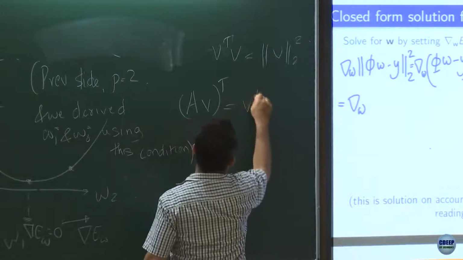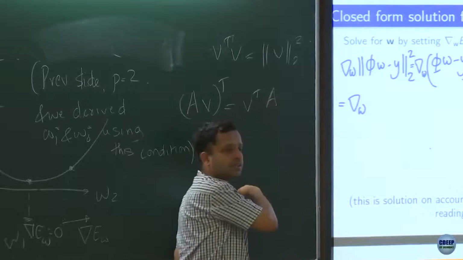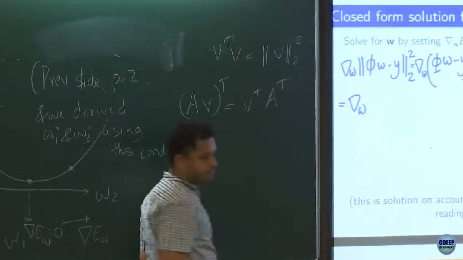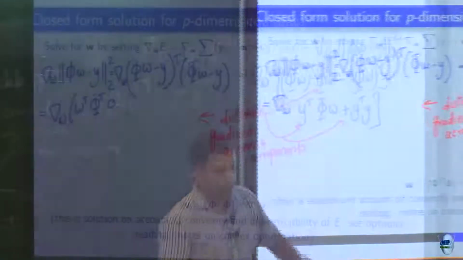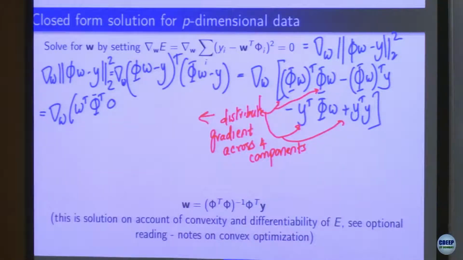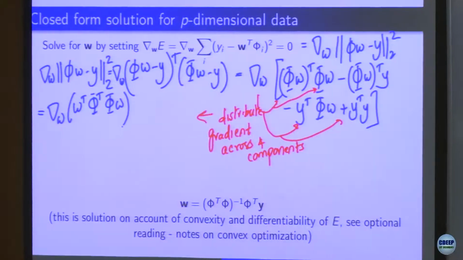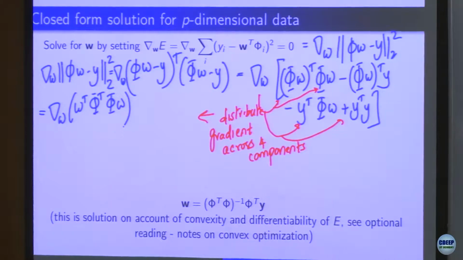It is written as V transpose A transpose. So I could do the same thing here. The first component will be W transpose phi transpose phi W, right? Minus the second component, W transpose phi transpose Y.